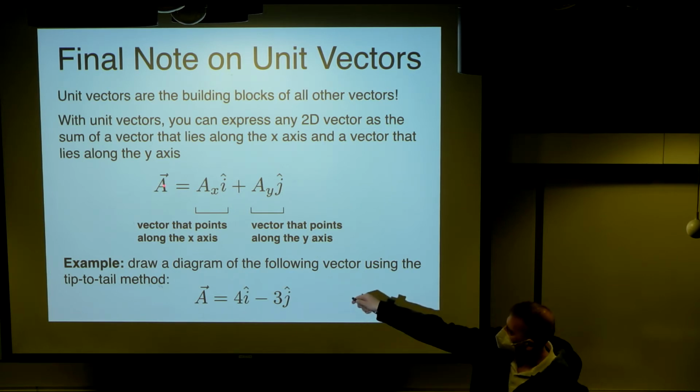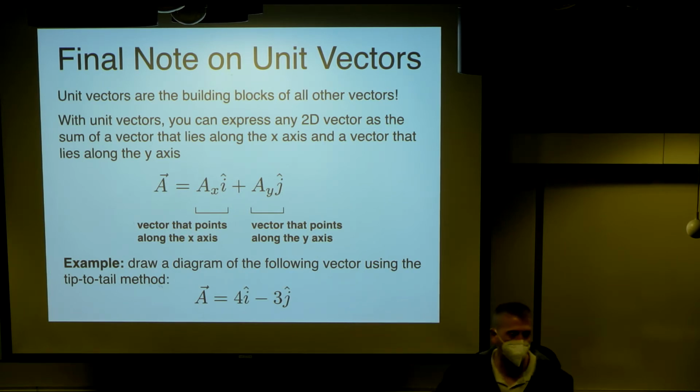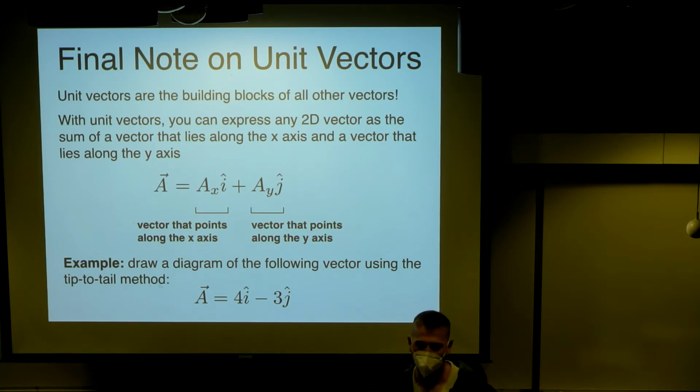So if I break my vector down into one that points straight along the x-axis and another that points straight along the y-axis, I'll get my final vector. The i hat unit vector points along the x-axis, the j hat unit vector points along the y-axis, so that's how it allows us to combine things in this way.